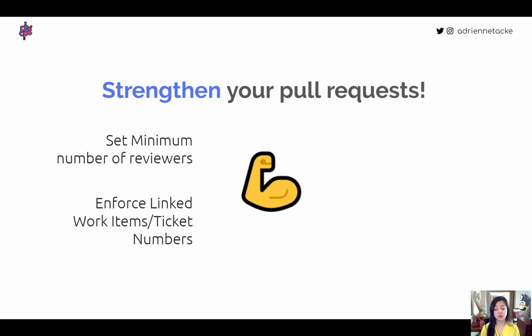The next thing to do to really strengthen our pull requests is to enforce linked work items or ticket numbers. So if you're using Jira or GitHub, or like we were using Azure Repos, we would make it required to have whatever change that we were about to merge in be tied to a vetted ticket or something that everyone knows is something that is needed.